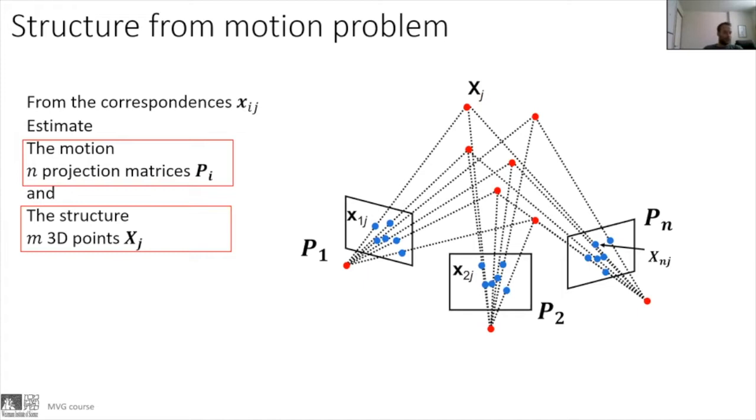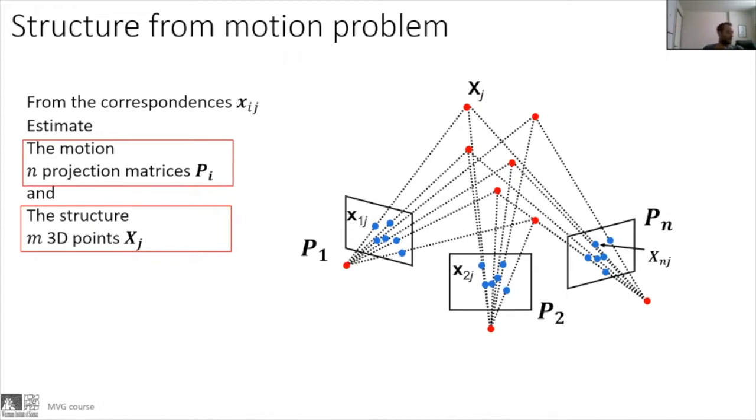Where capital X is the 3D point in the real world, P_i is the camera matrix of the i-th camera, and lowercase x is the projection of the 3D point to the i-th camera.